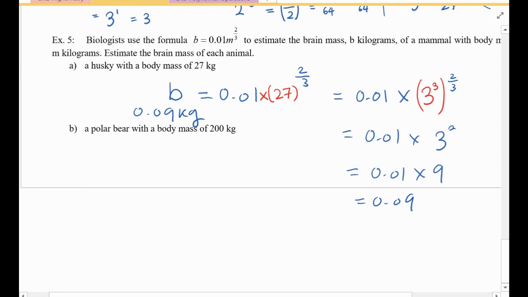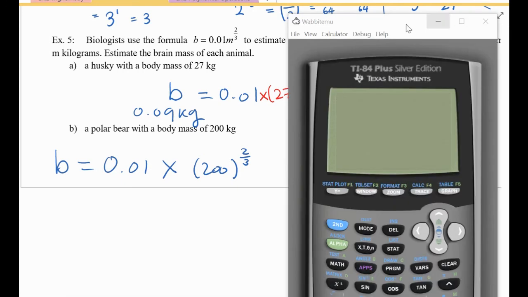Alright, polar bear with a body mass 200 kilogram. Okay, so brain mass is 0.01 times 200 kilogram to the power of 2 over 3. So we're going to put this into the calculator.